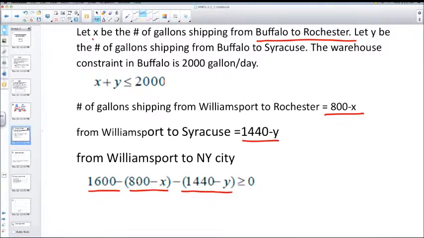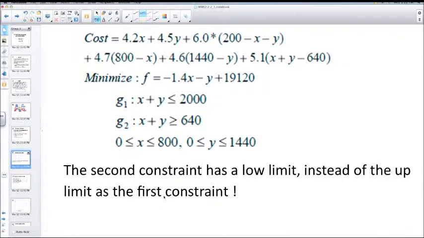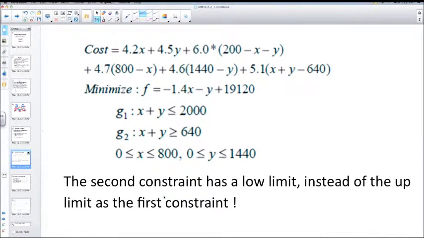And then, of course, from Williamsport to New York must be positive. You cannot send a negative gallon of milk. Okay, then we figured out the numbers. The next step, we need to consider the cost. So 4.2, that's from Buffalo to Rochester.